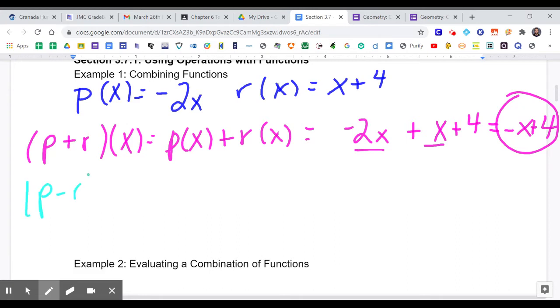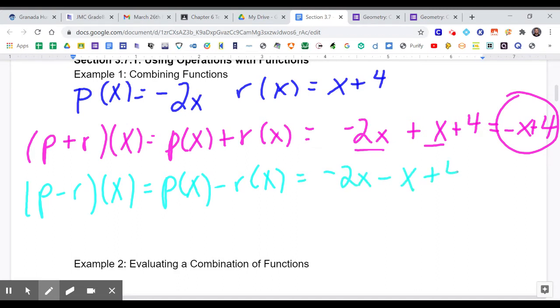Let's look at p minus r of x. That's really just p of x minus r of x, so it's negative 2x minus x plus 4. Now this one's a little tricky because you have to remember that we're subtracting the whole function. When we're adding, it doesn't really matter, but when subtracting, we have to remember to distribute that negative sign.